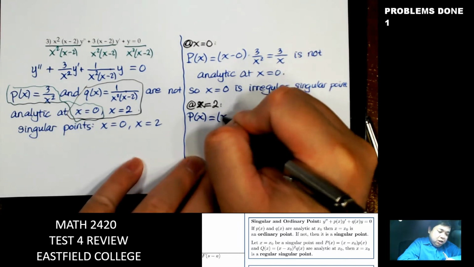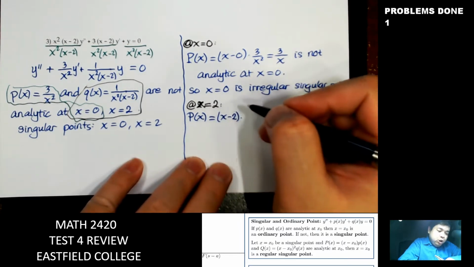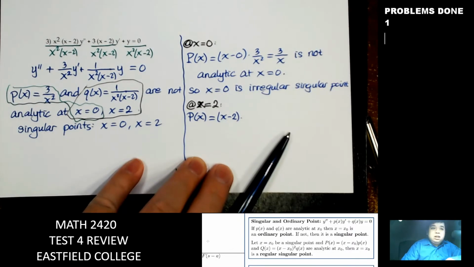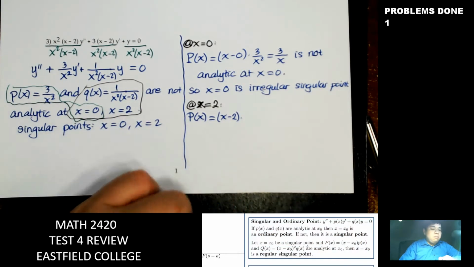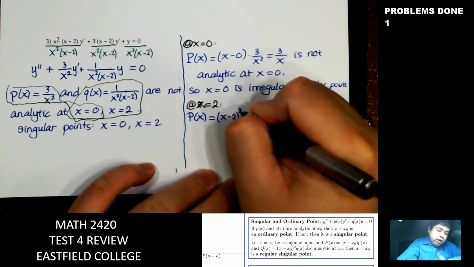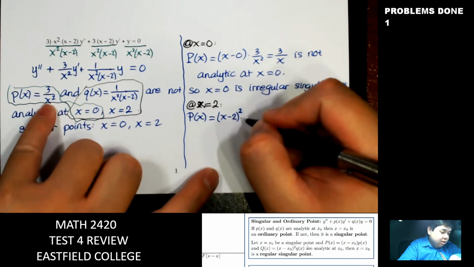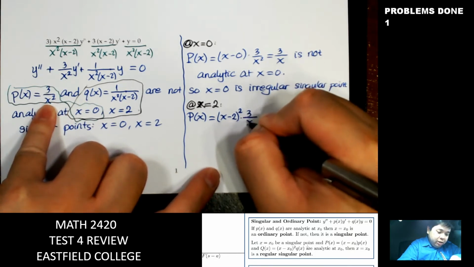Will be x minus 2 times little p of x. By the way, the formulas again is here. We have capital P of x and capital Q of x. Square times this p of x, 3 over x squared.